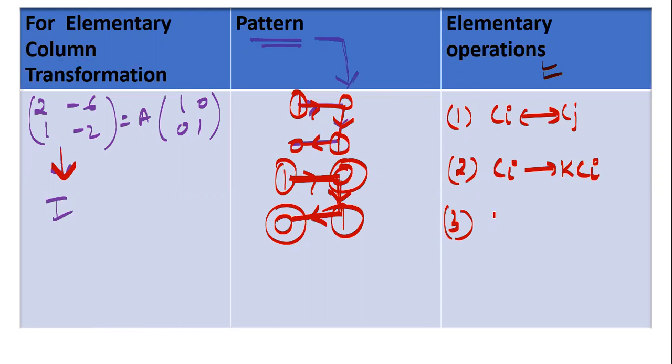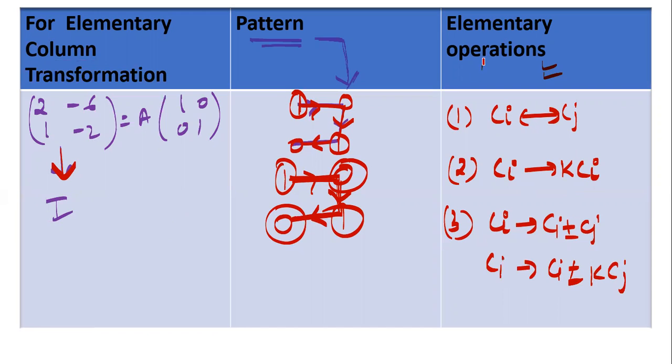Number 3, we can add or subtract a multiple of any other column. We can write Ci equals Ci plus Cj, or Ci plus or minus k times any other column, where k is any non-zero constant in all the cases.